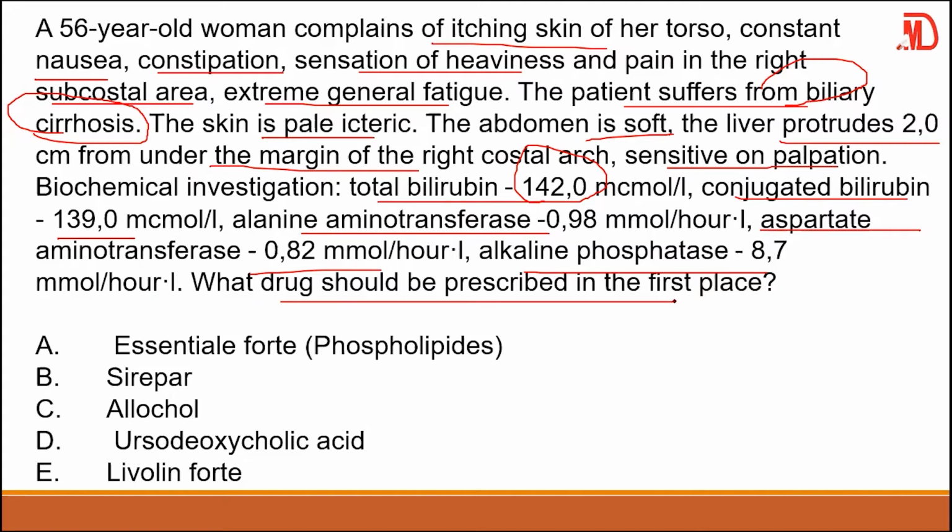So now, if you look at the things that are occurring in this question, technically we are having biliary cirrhosis.